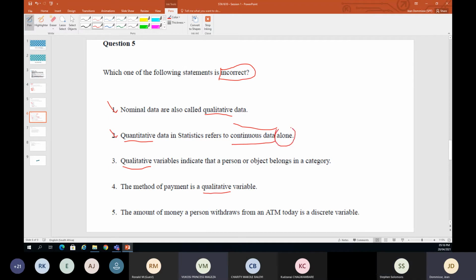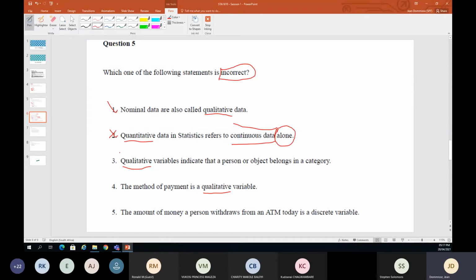But because they say alone, it's incorrect, because there is more. There is discrete, there is ratio. And I think that's the important part in this one. If alone wasn't there, perfect, then quantitative is continuous. But because they say only, that is where it makes it wrong.